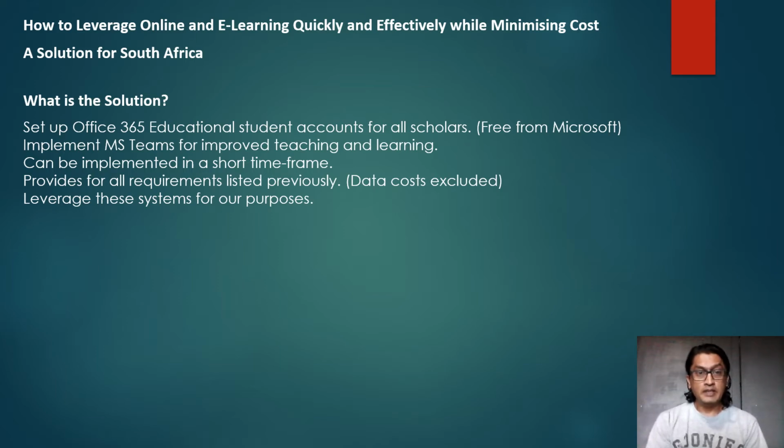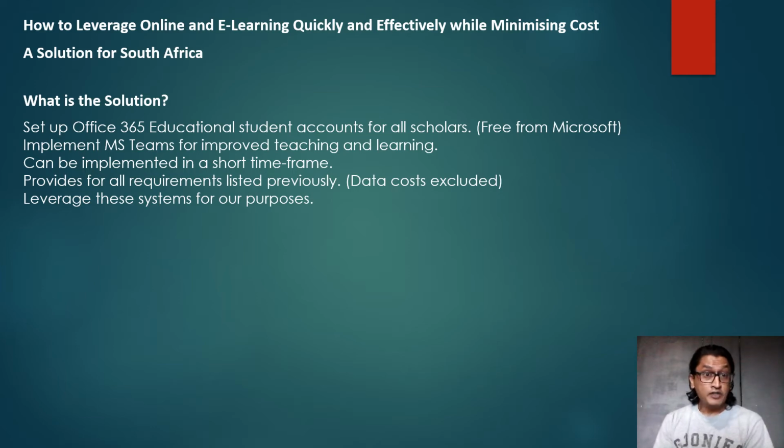We'll need to implement MS Teams for improved teaching and learning. This can be implemented in a very short time frame. It provides for all requirements listed previously, except obviously for the data and device costs. So by subscribing to Office 365 and our educational licenses, all the requirements I listed previously are met.